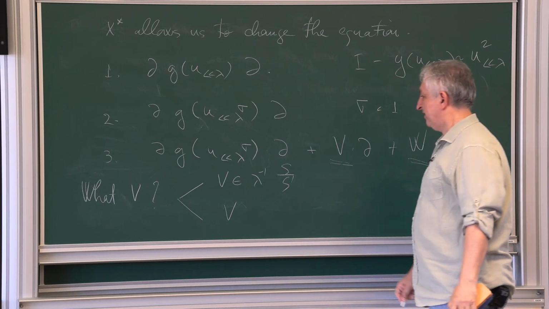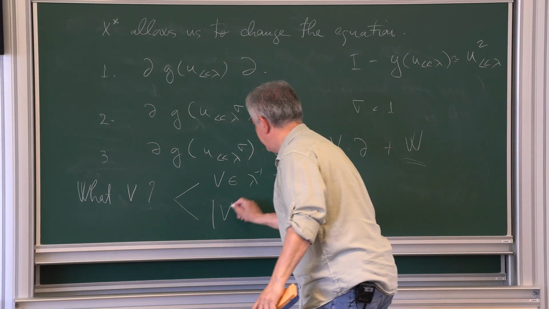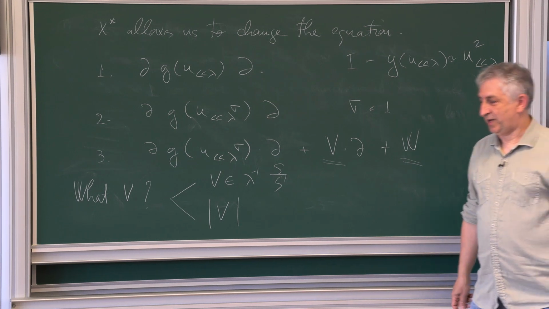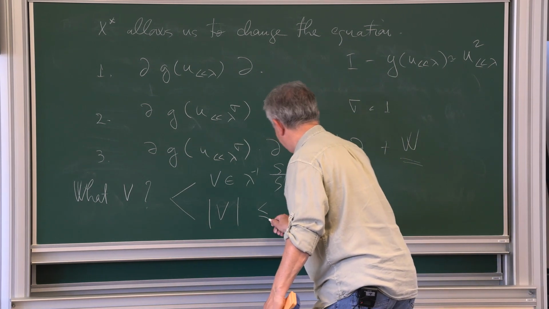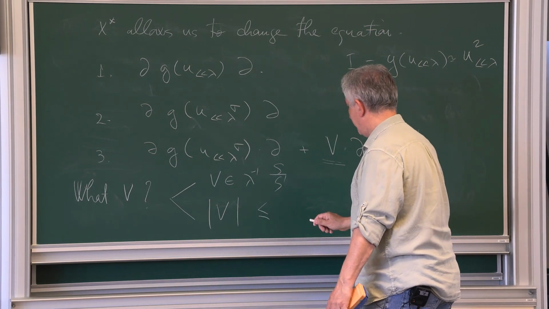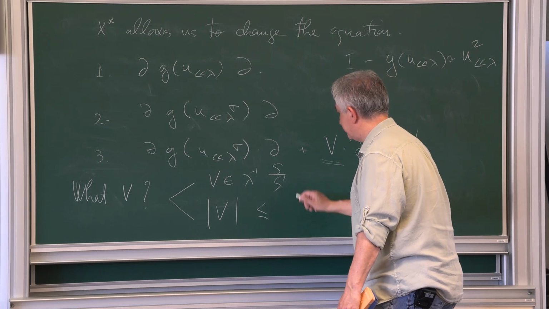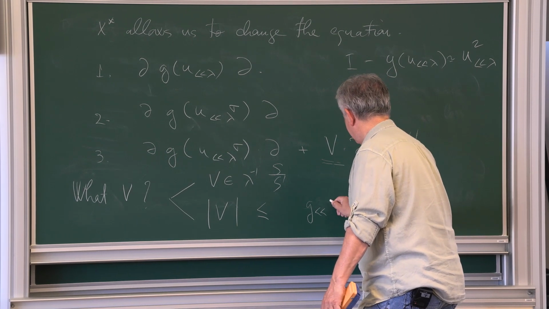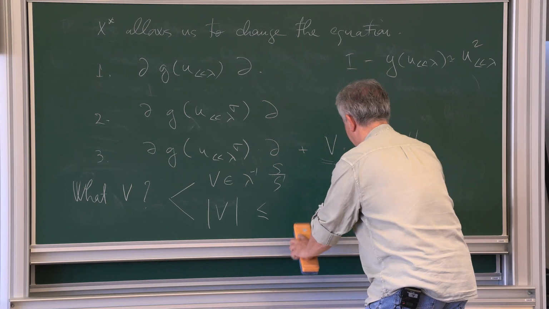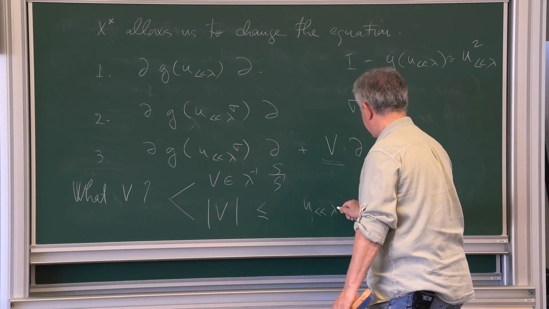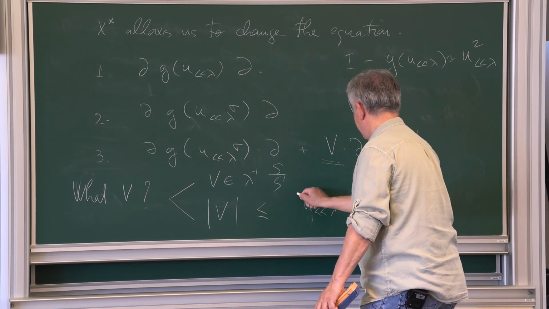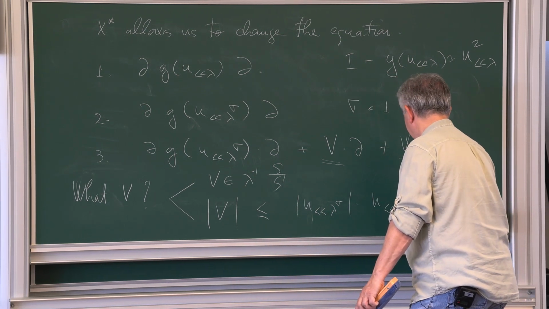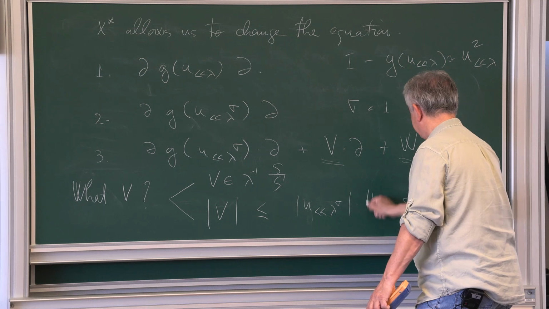And the choice we're going to have in here is to look at potentials. We also want to bound them in a pointwise way. And naively, you might say, I want to bound these potentials by G lambda sigma, U less than lambda to the power sigma times U less than lambda to the power sigma.